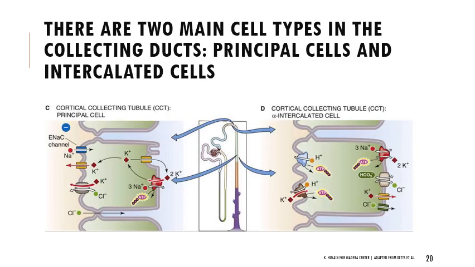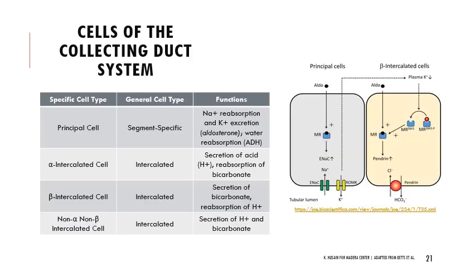Okay, so remember there's a couple different cells in the collecting ducts. There's principal cells and intercalated cells. And I know we didn't talk about this a lot in the anatomy review, but I just wanted to emphasize it in this lecture. So when we're thinking about those two different types of cells, the principal cells are responsible for sodium reabsorption and potassium excretion, so the functioning of aldosterone.